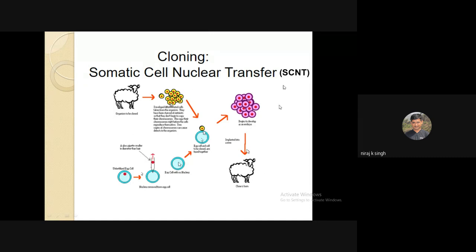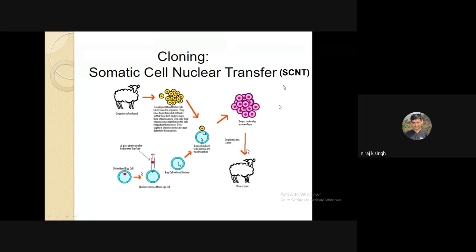So this is a very rare technique in India, but in Europe and the US, it is the most common technique for animal cloning. People are doing pet cloning there. Someone who has very much love for their dear pets, like a dog, if the dog is going to die, they go for cloning.